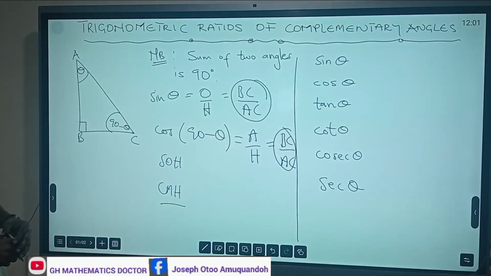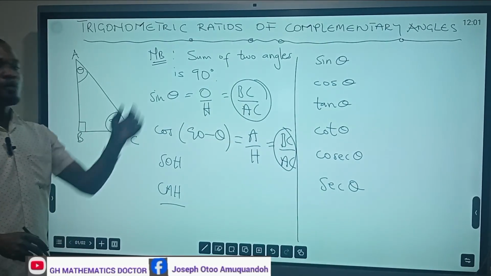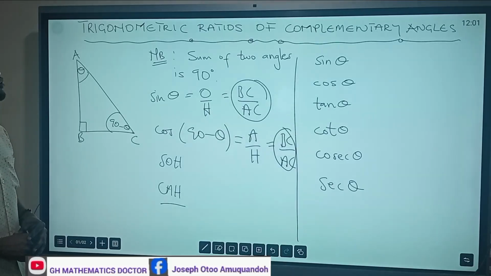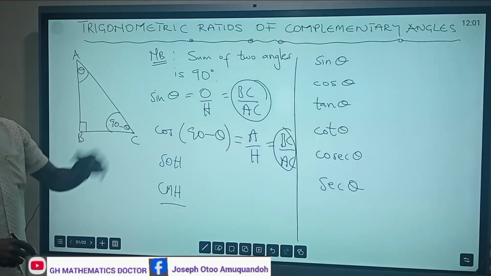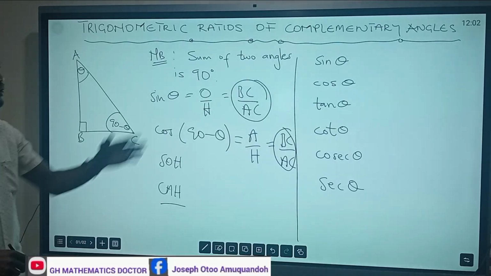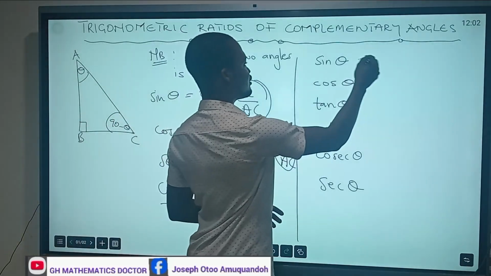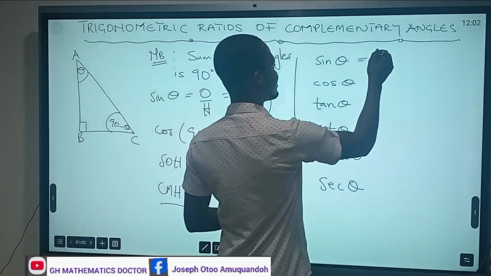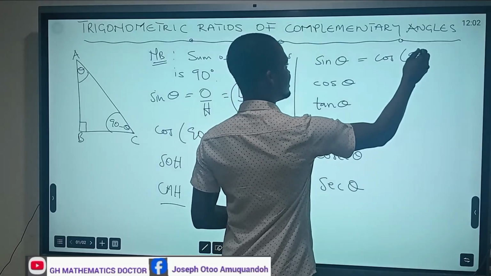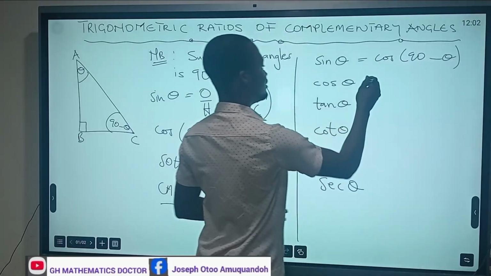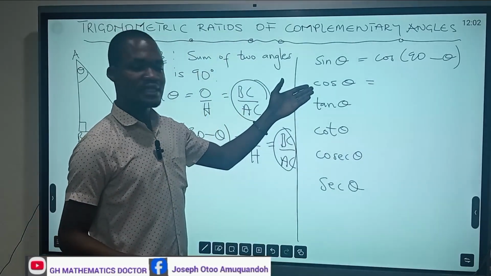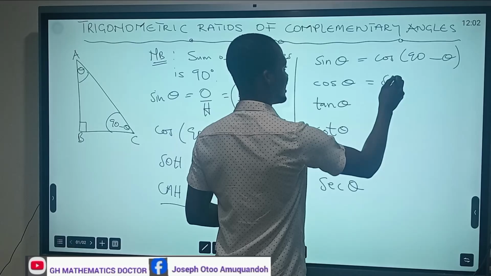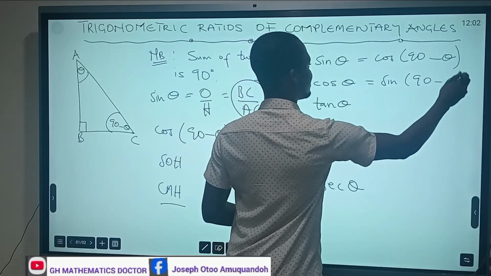As they have the same relationship in terms of complementary angles, we are going to look at the other trig ratios and their relationship. Sine theta is the same as cos 90 minus theta. Then cos theta is also the same as sine 90 minus theta.